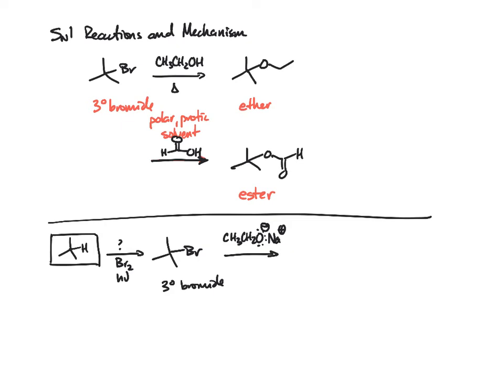So what do you end up with in that case? An alkene. So you've taken an alkane, you've made an alkyl bromide, now you've made an alkene.